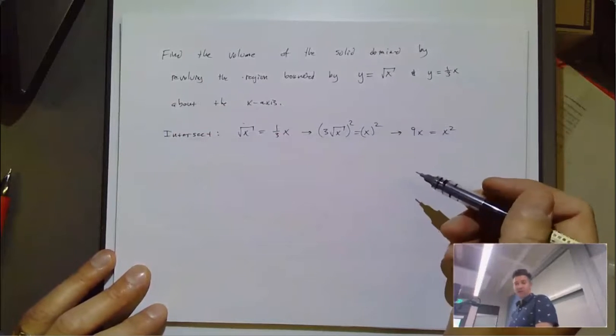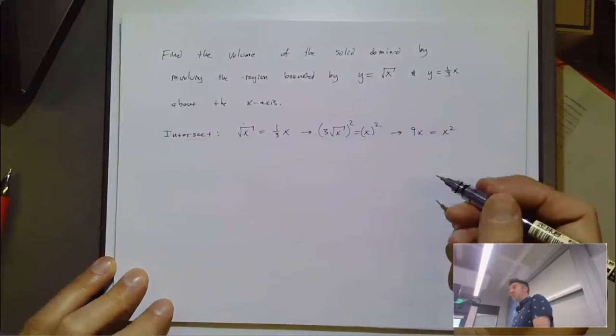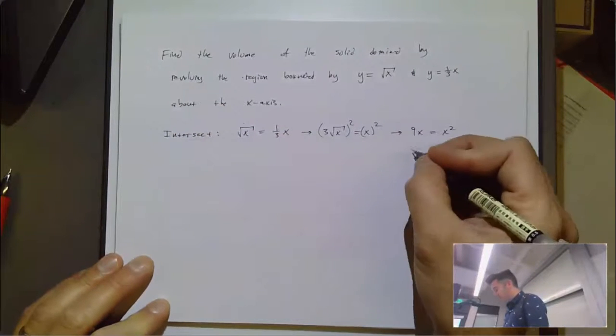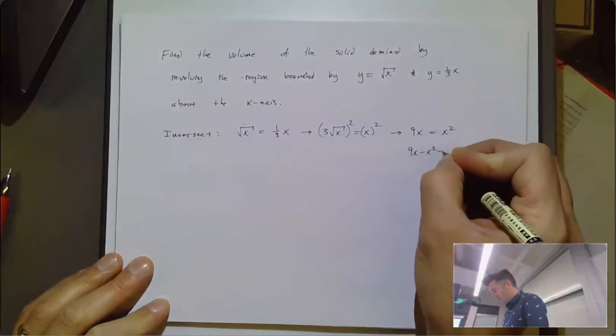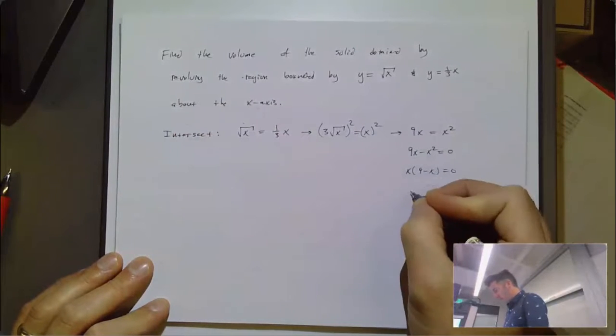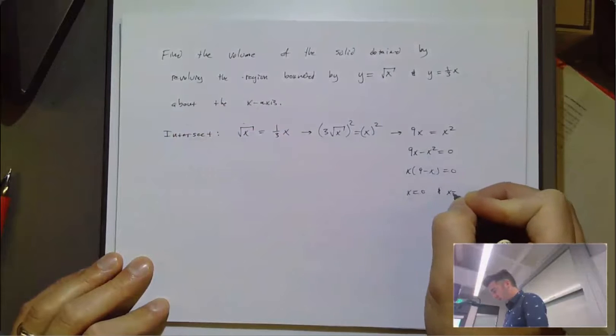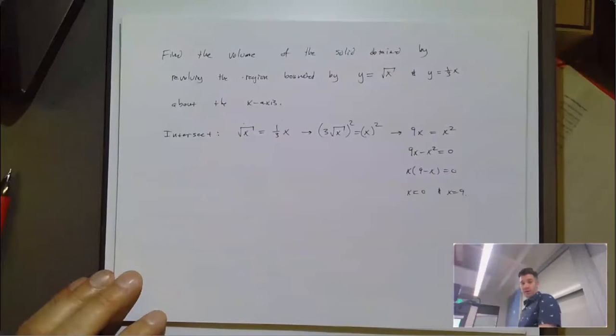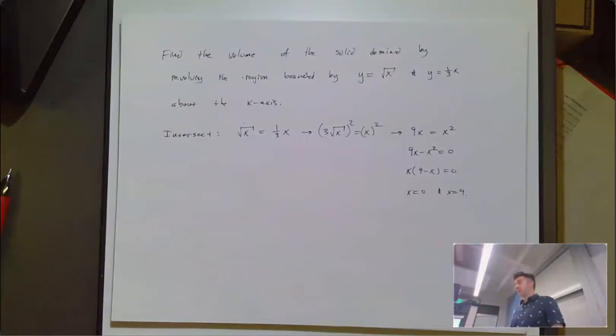If I divide by x, you'll just get x equal to 9, and you'll miss x equal to 0. What I should do is bring everything to one side and then factor out an x, and then get x equal to 0 and x equal to 9. So those are my limits of integration. And that's typical, right? The points of intersection are often the limits of integration.